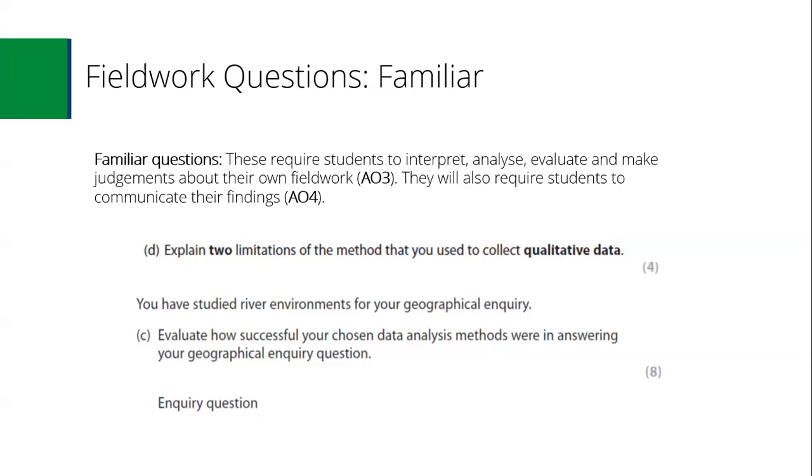You write about the technique and why you used it and what the limitation was. You have studied river environments for your geographical inquiry. Evaluate how successful your chosen data analysis methods were in answering your geographical inquiry questions. So this would be a question which wouldn't have a resource to it, because obviously it's your own work and you are now evaluating your analysis methods.